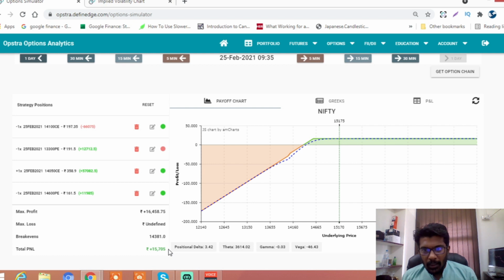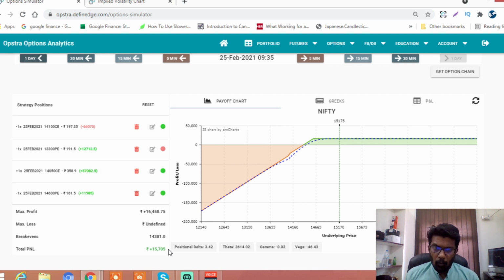But the point here is that this strategy or this adjustment works only on one way movement. If Nifty makes a 2-way or 3-way move, you will have to aggressively adjust your positions, which obviously will require lots and lots of margin money.